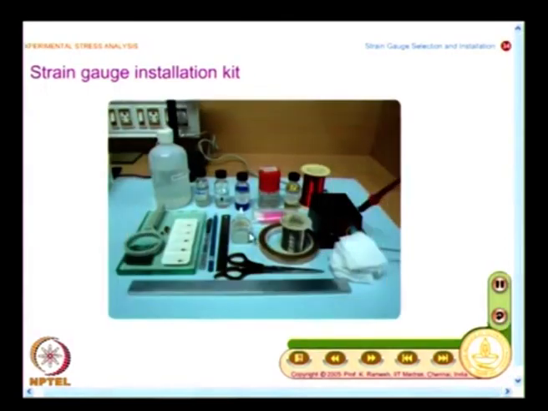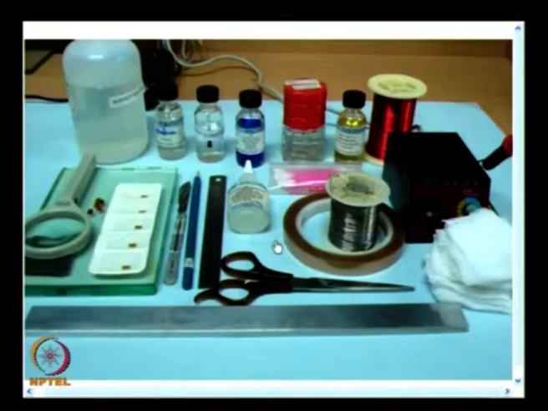And this shows what a strain gauge installation kit is. You have a variety of fluids for cleaning, for catalysis, for the adhesive. You have a special type of single strand wire to connect the strain gauge to the terminal. You have a soldering iron, and you have a strain gauge available in a packet. And I want to show you this.